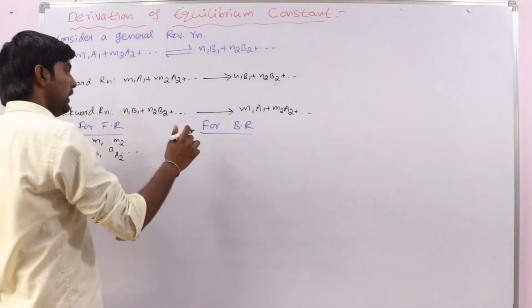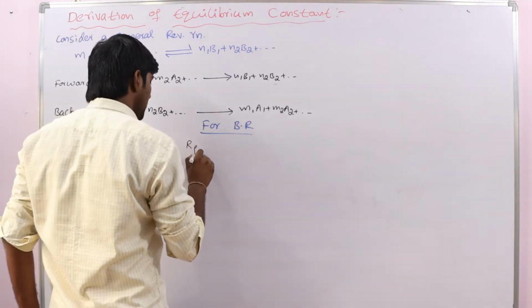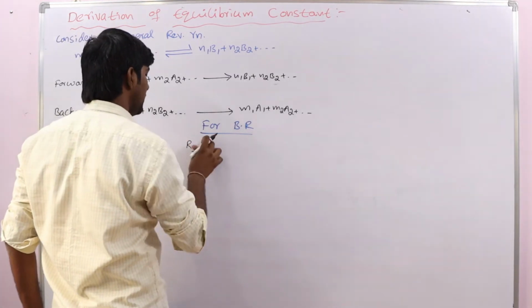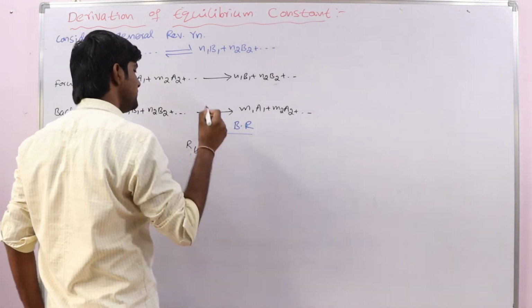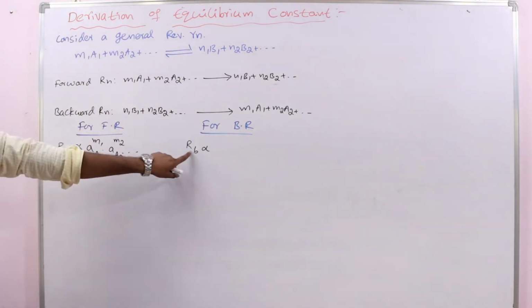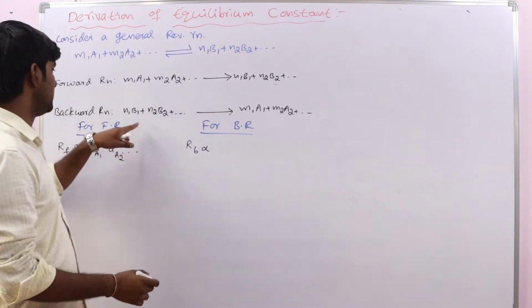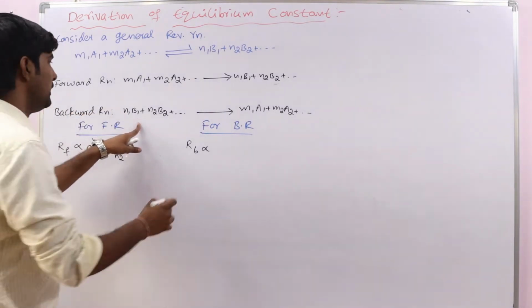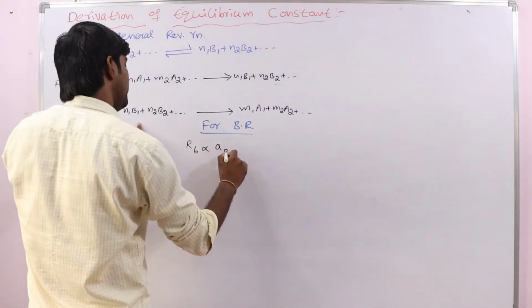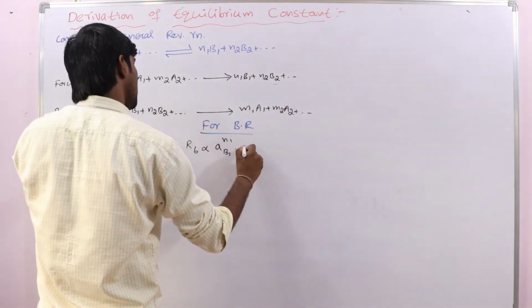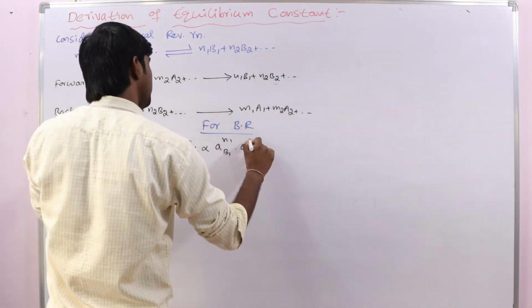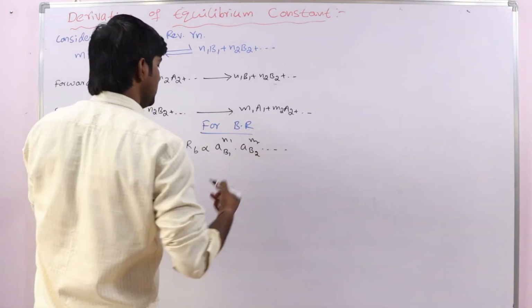Next, the rate of backward reaction, RB, is directly proportional to, see this is the backward reaction, the active mass of B1 whole power n1 into active mass of B2 whole power n2 and so on.